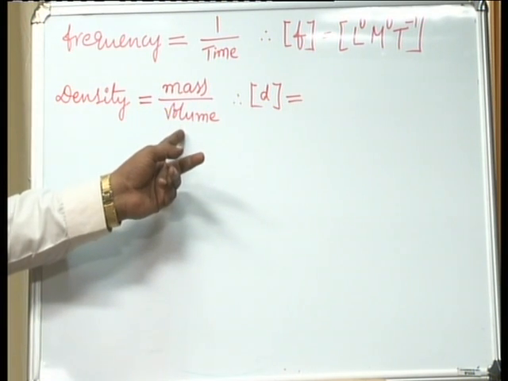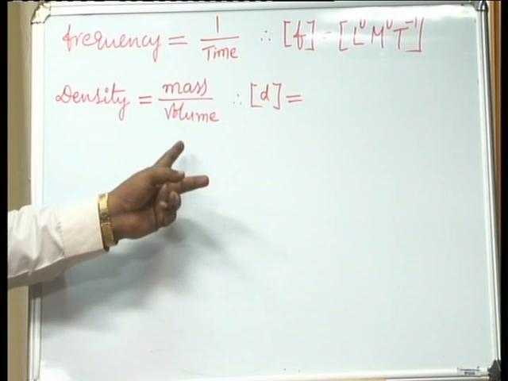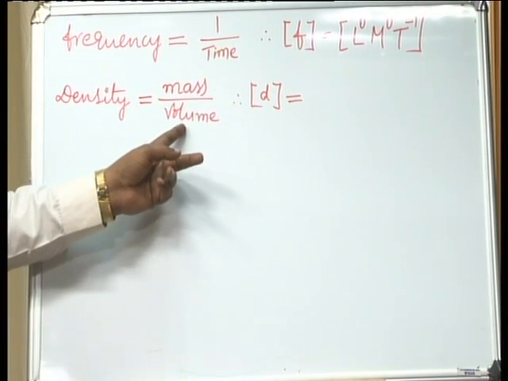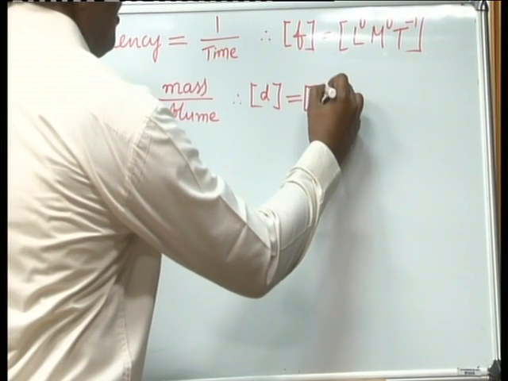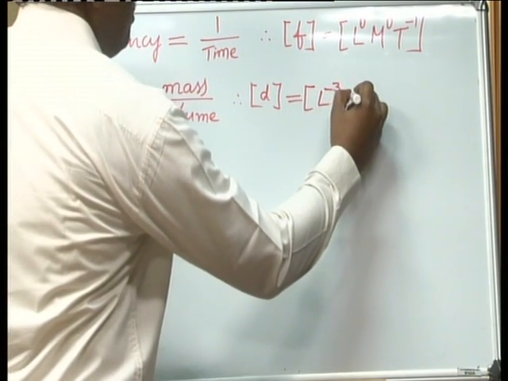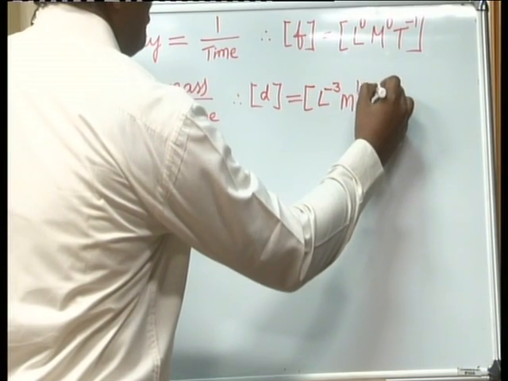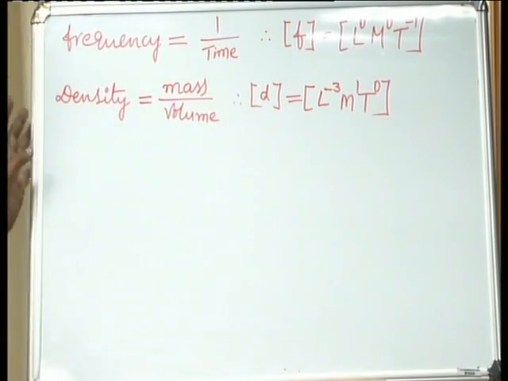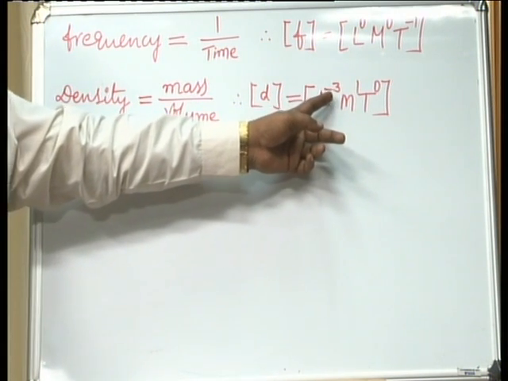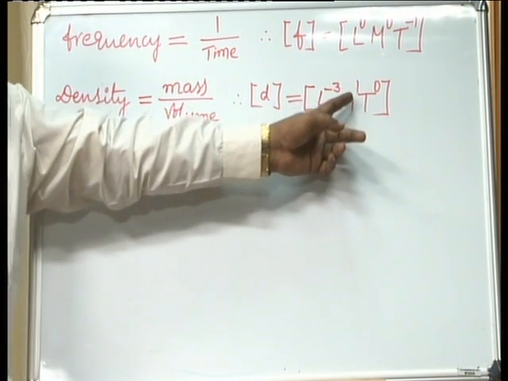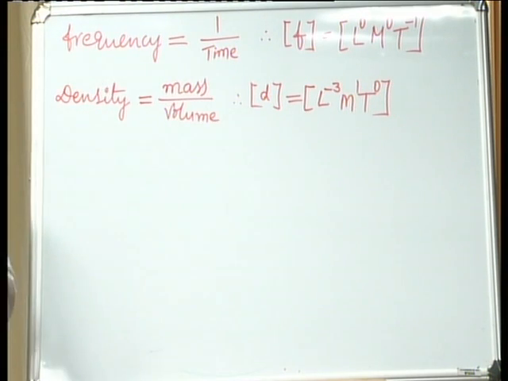Volume should be in terms of length, breadth and height, it is L cube, is it not? When L cube comes to the numerator, it becomes L power -3, mass is used once and T is not used, therefore it is 0. Therefore, dimensions of density are -3 in length, 1 in mass and 0 in time.